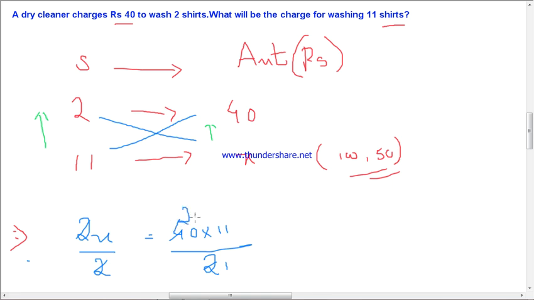So 20 you will get, and the value of x is nothing but 20 into 11, which gives us 220. So I would like to substitute over here 220. Therefore this is my answer. 11 shirts will cost rupees 220.